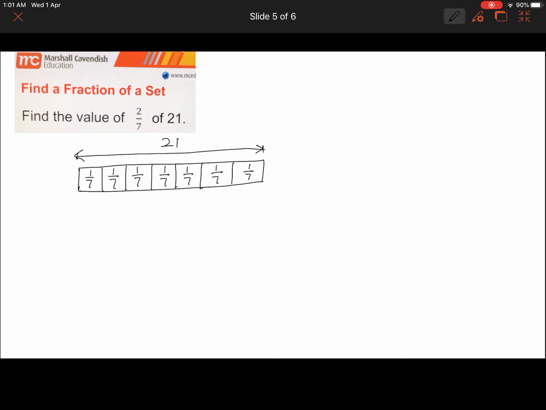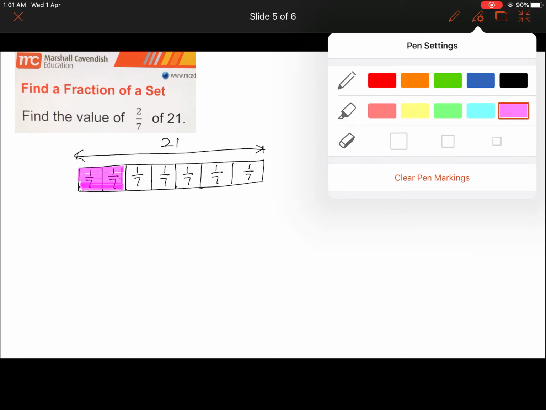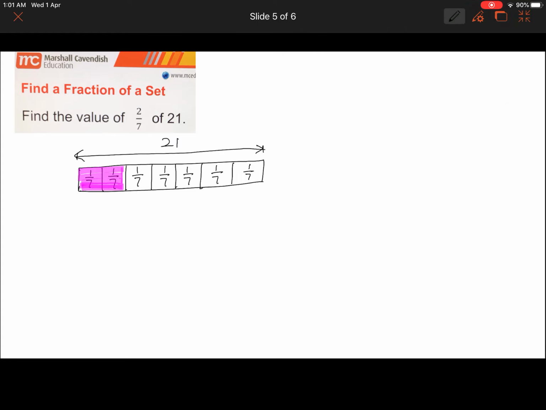The question is asking for 2 out of 7. So let's highlight 2 units and find the value of the shaded part.